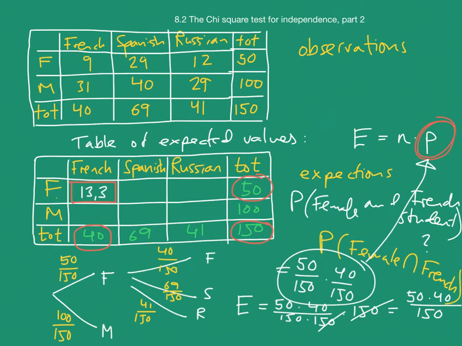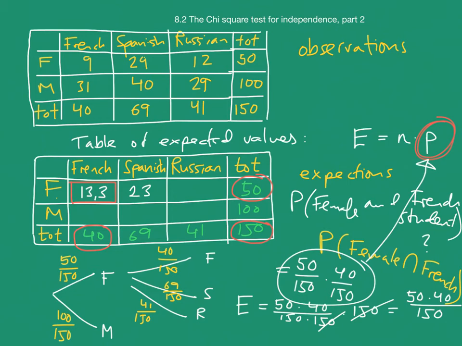We can calculate the rest of the expected values in the same fashion. So if we take 69 multiplied with 50 divided by 150, we get 23.